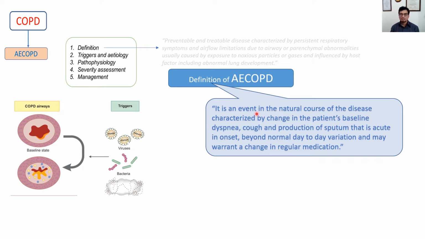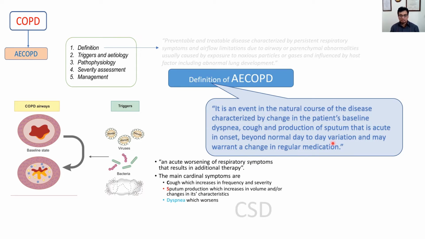It is an event in the natural course of COPD characterized by change in the patient's baseline dyspnea, cough, and production of sputum. These three things. And that is acute in onset, beyond normal day-to-day variation, and may warrant a change in regular medication. In other words, it is an acute worsening of respiratory symptoms that result in additional therapy.